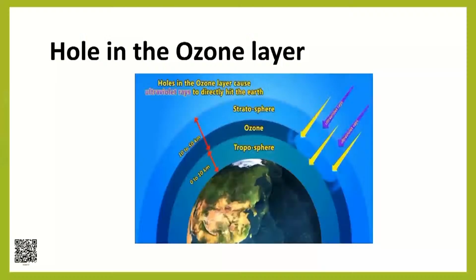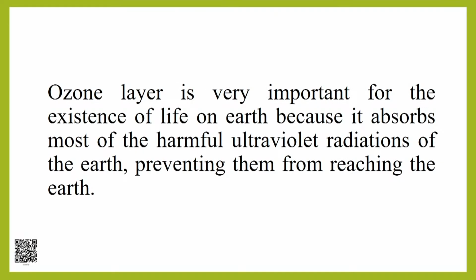Now we will talk very briefly about the ozone hole. Another ecological threat posed by air pollution is the ozone hole, and this slide talks about the ozone layer and its depletion. We know that the ozone layer is very important for the existence of life on earth, because this layer absorbs most of the harmful UV radiation, preventing it from reaching the earth.